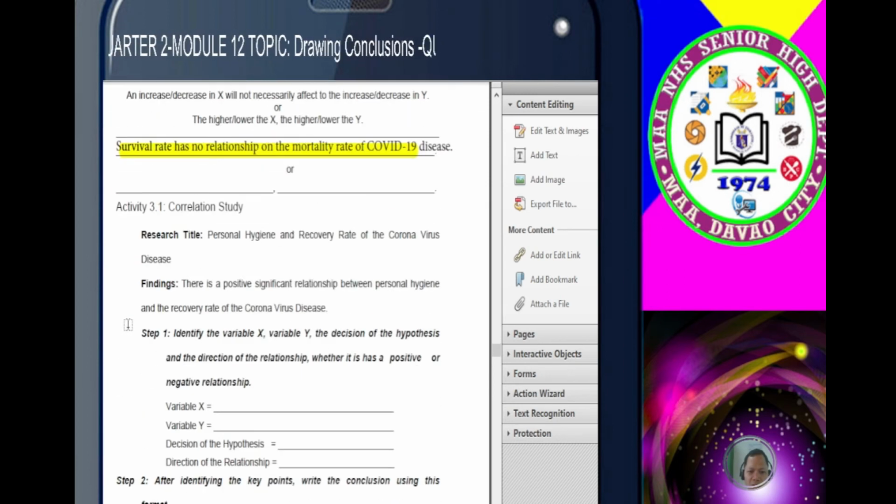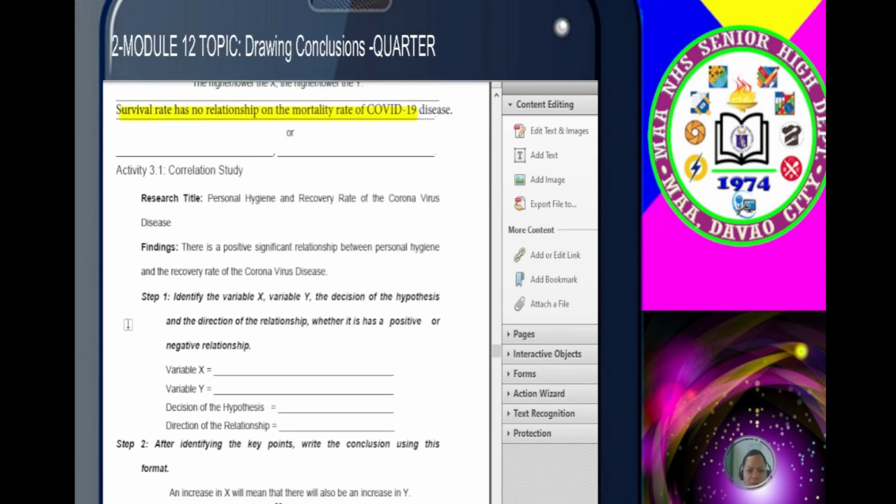Okay, next, another example for correlational study. We have here now our title, personal hygiene and recovery rate of the coronavirus disease. The findings: there is a positive significant relationship between personal hygiene and the recovery rate of the coronavirus disease.